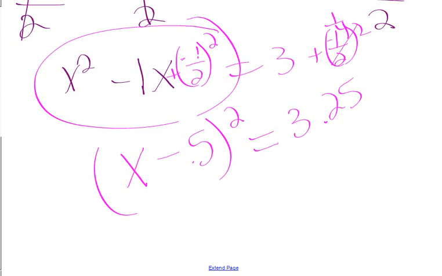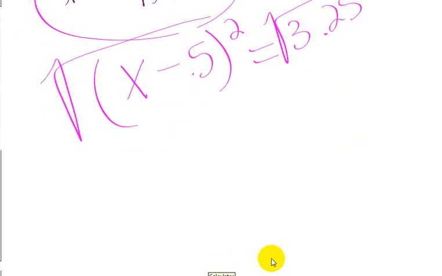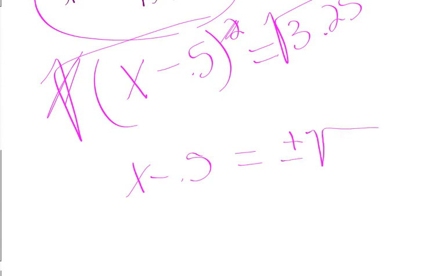Okay. Now that I have that, I can take the square root of each side. So it's going to be, these cancel out, and I get x minus 0.5 equals positive negative radical 3.25.